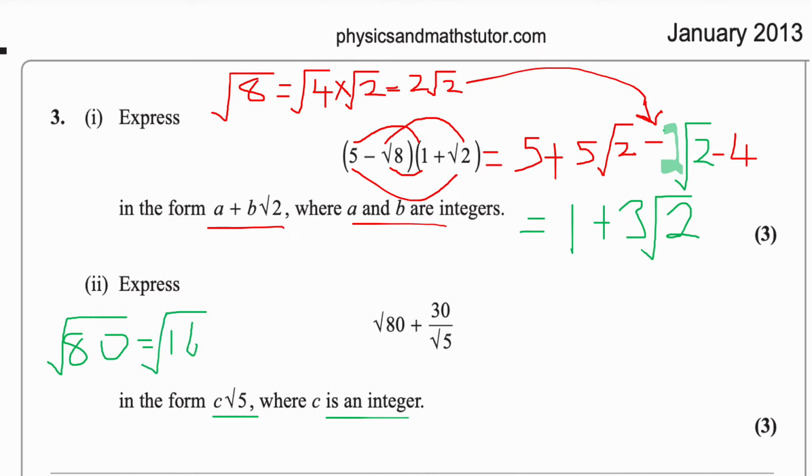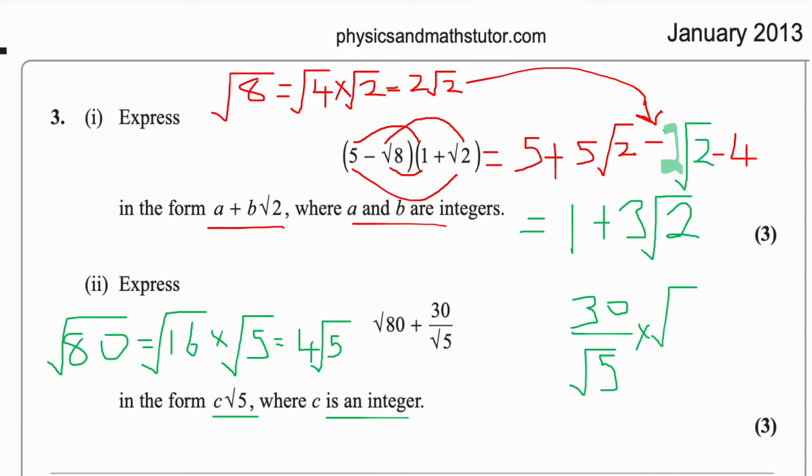So root 16 times root 5, well, the square root of 16 is equal to 4, so I'm going to have 4 lots of root 5. And 30 over root 5, well, I'm going to rationalise that by multiplying top and bottom by root 5, because by doing that, it removes the surd on the denominator of my fraction.